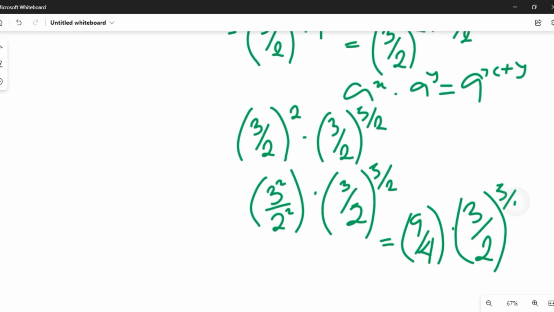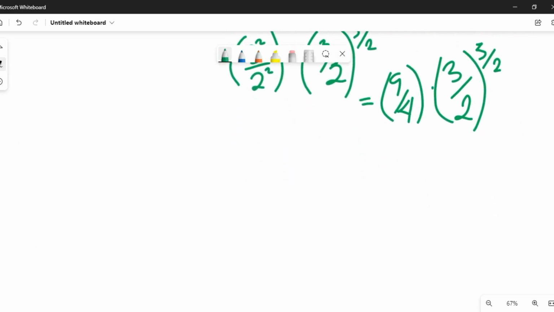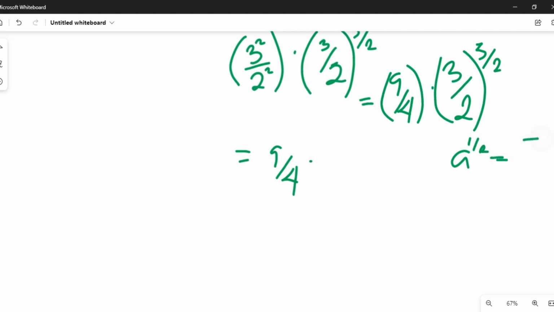Now we are going to apply a certain rule in indices: if we have a raised to power 1 over 2, it will be equal to the square root of a.